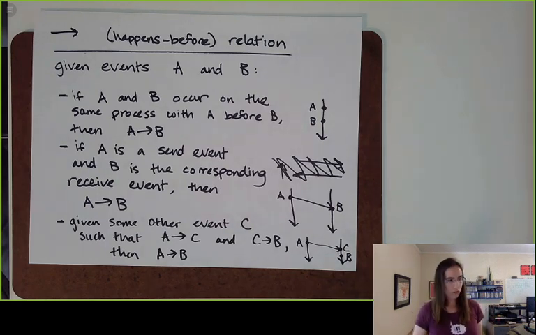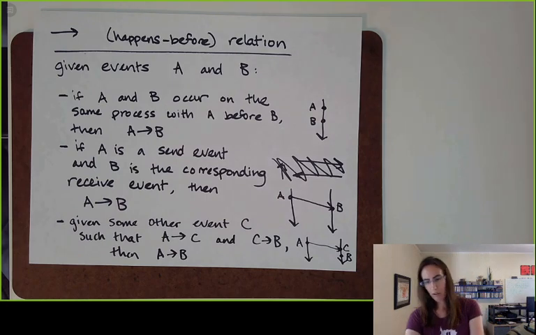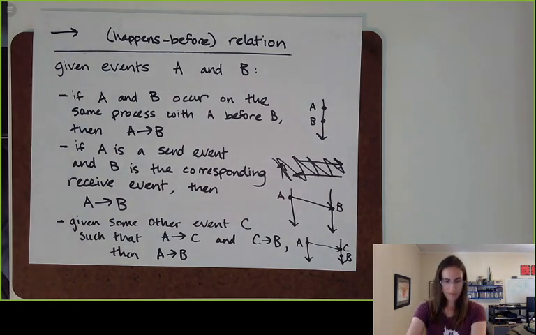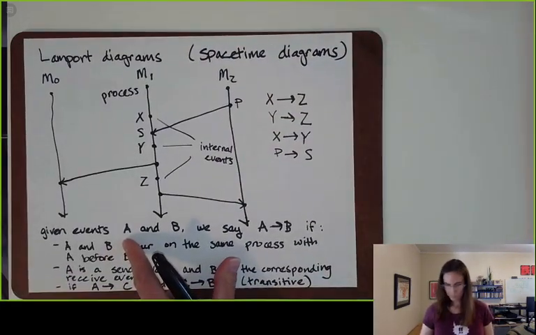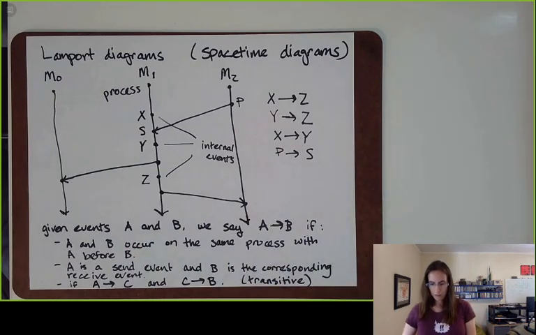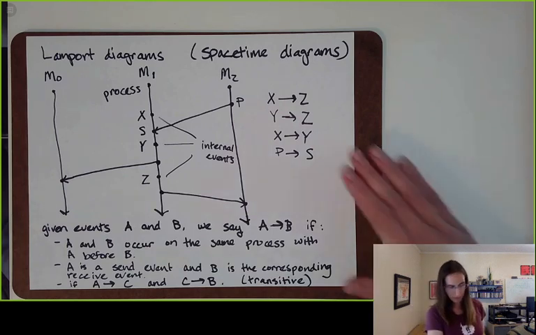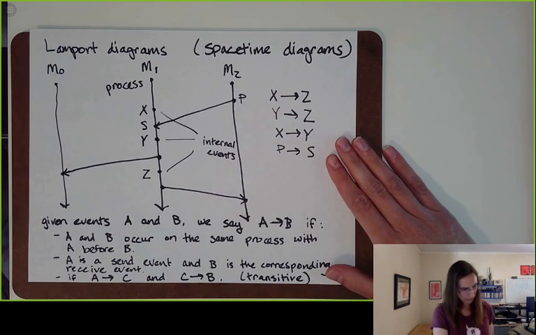So let's go back to the picture that we were showing a minute ago that had a bunch more events on it. So if I pick two events here, let me actually give some more names to some of these events.